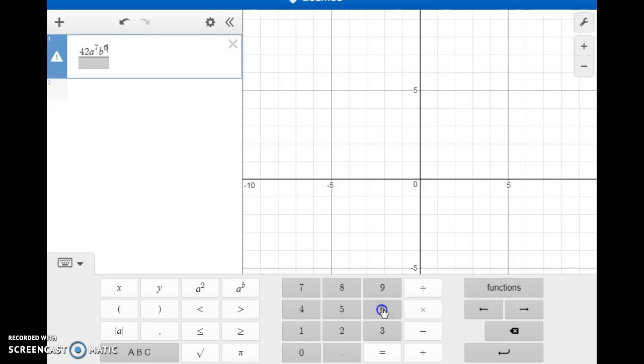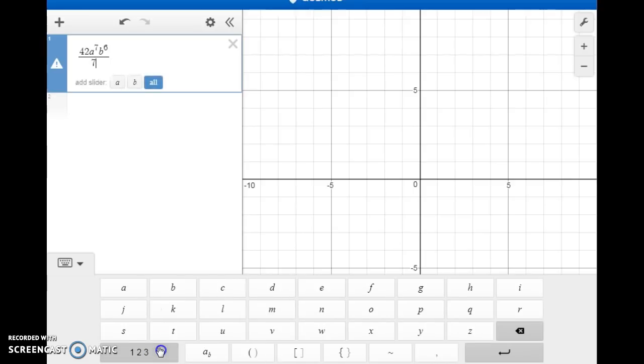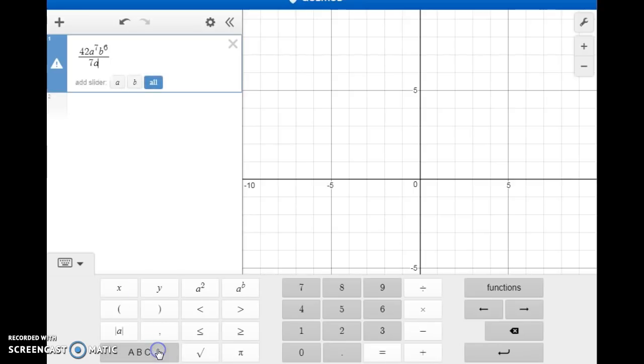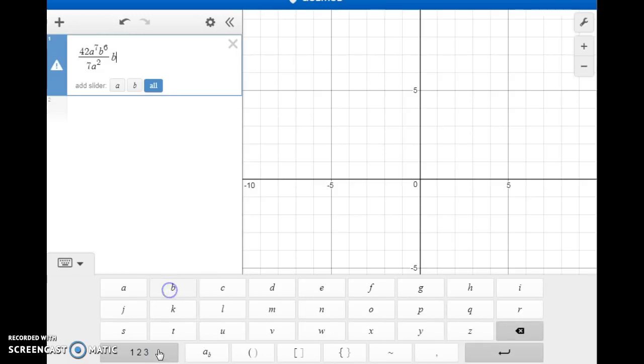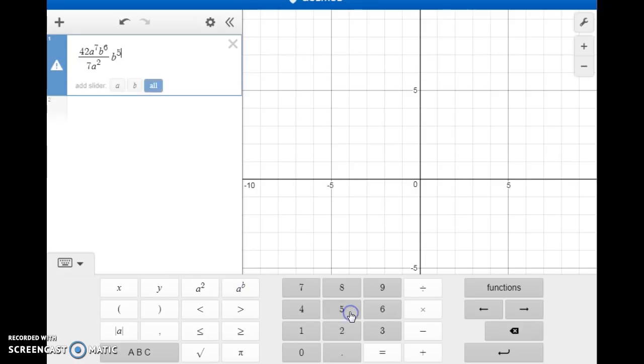Okay, and I'll explain why. We'll go to the bottom, and we'll do 7. Again, we're going to choose to do A squared, B to the 5th. Oh, no. I should have been at the bottom. Okay. B to the 5th.